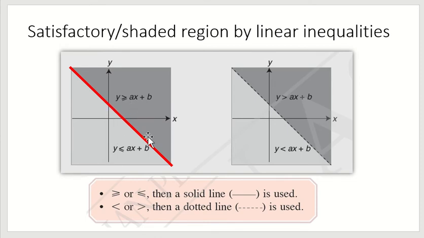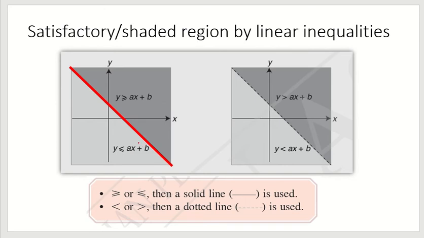So what we need to do is you have to know the value for this one. This means bigger, this means smaller. Bigger or same, smaller or same, then we use a solid line.